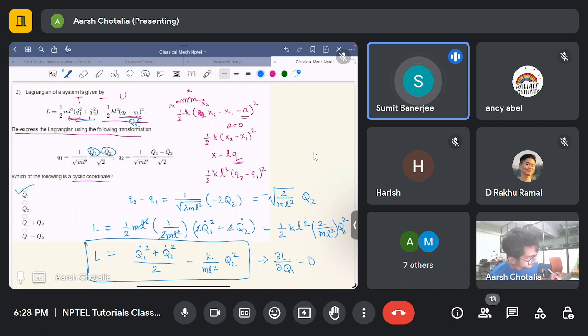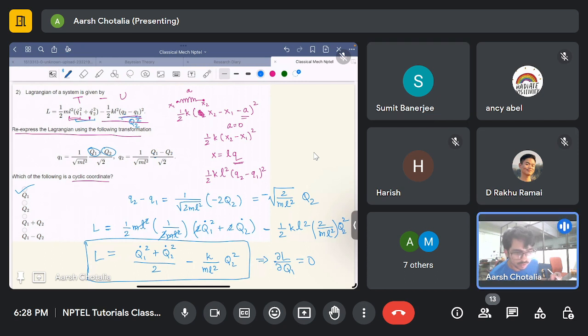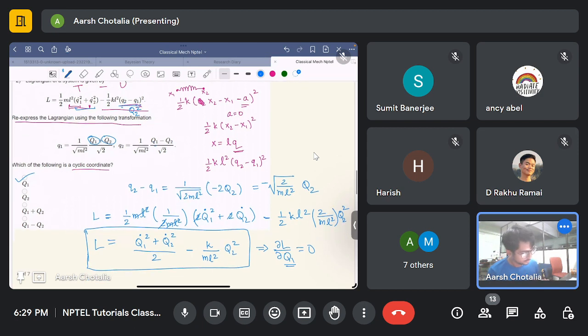So when you substitute it, it will turn the negative into a positive, correct? But it's squared. Okay, I missed out this square. Sorry, my bad. There is a square. Yeah. Okay. So Q1 is the cyclic coordinate.